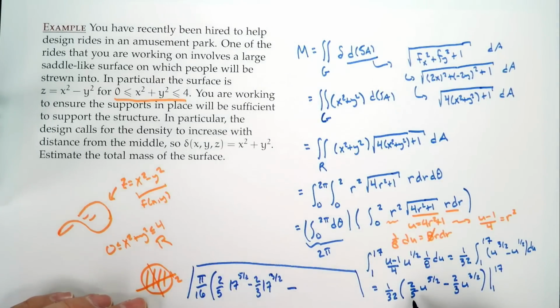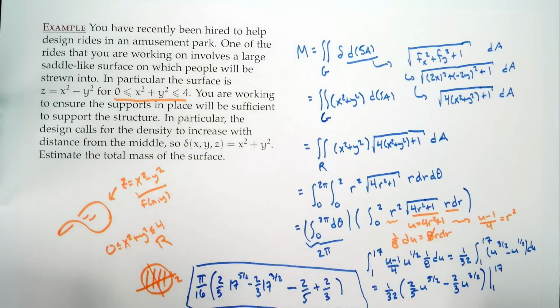Well, plug in 1, it's easy, 2/5 and 2/3. So minus 2/5 and minus minus makes plus 2/3. And there you go. That's the mass. All right. Well, maybe it's not the most elegant answer, but it's an answer. We can find it. So that's good. All right. We're done.